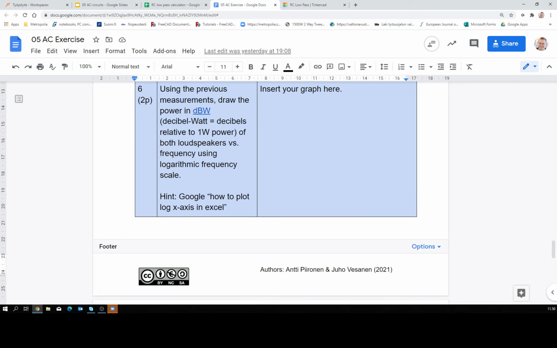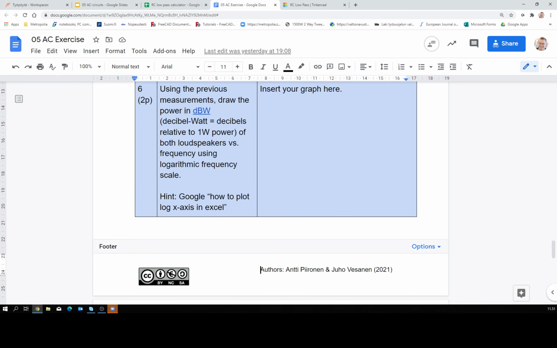And in this case, our reference power is 1 watt. Yep. And okay, there's also that logarithmic frequency scale. This is actually a so-called Bode diagram that you are going to draw there.